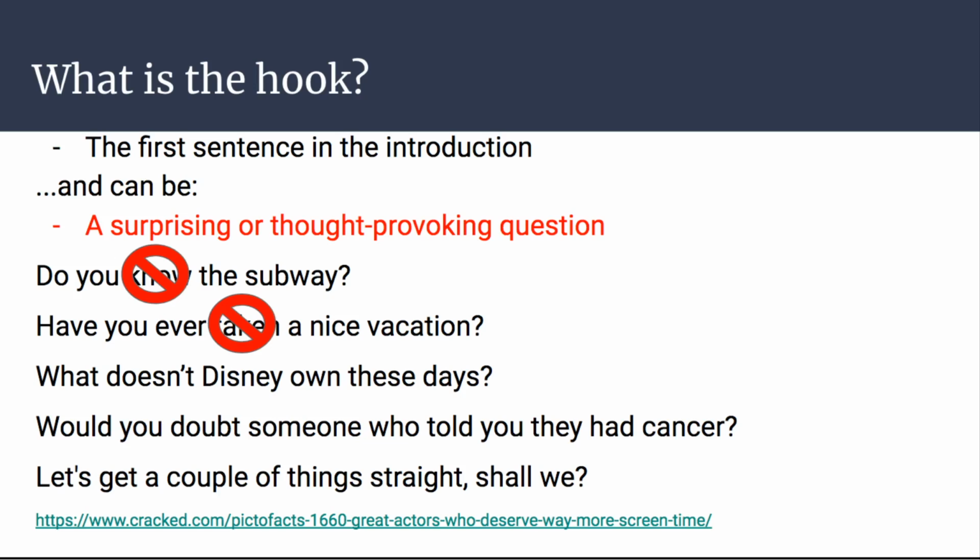And you might not agree, but I'm going to tell you. So that's a humorous one. I've put the link below. It's from a very good website called Cracked, which, whilst it is more casual writing, still follows the rules of English writing. It starts with a hook, and the first paragraph ends with a thesis statement.